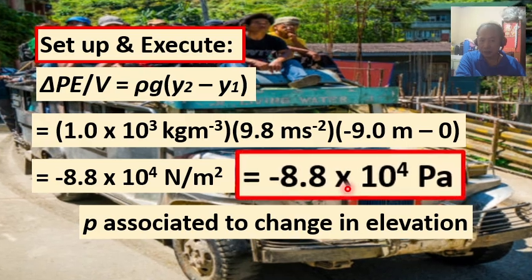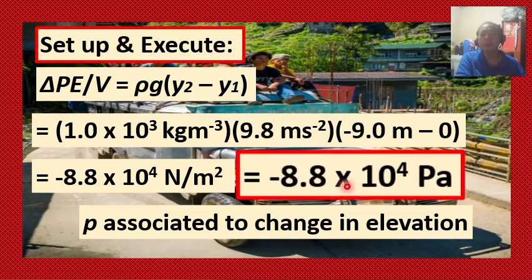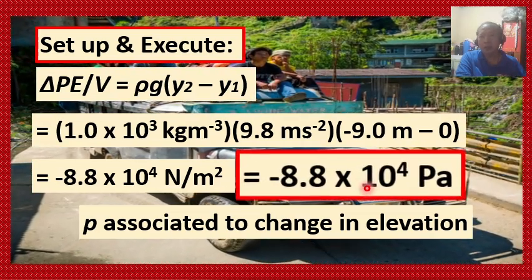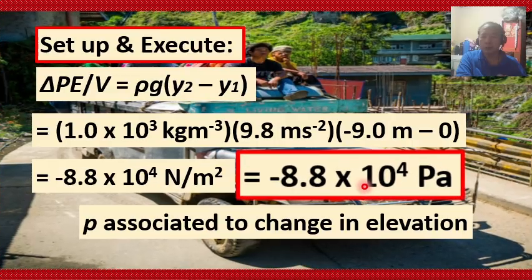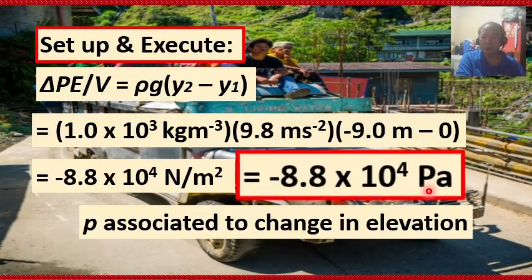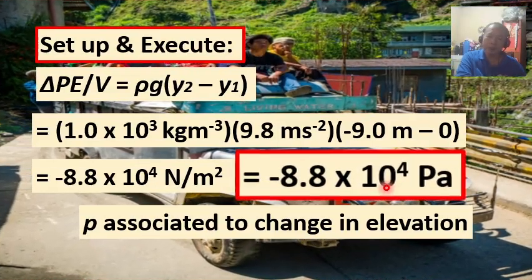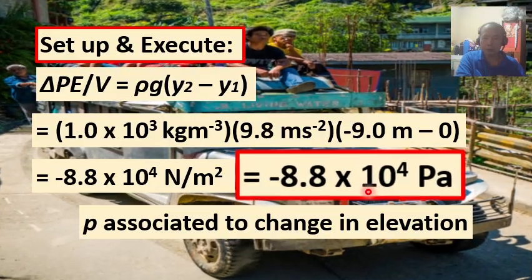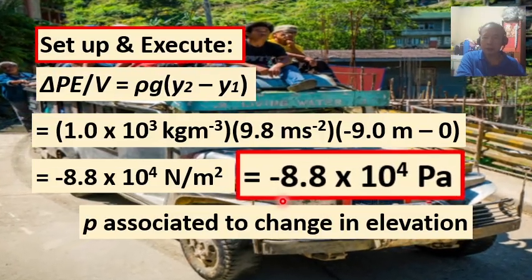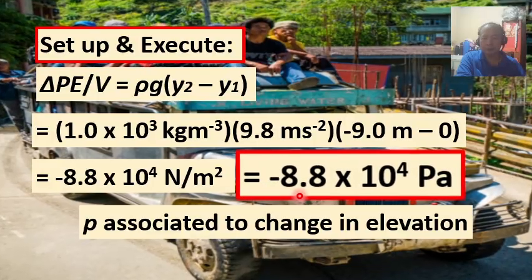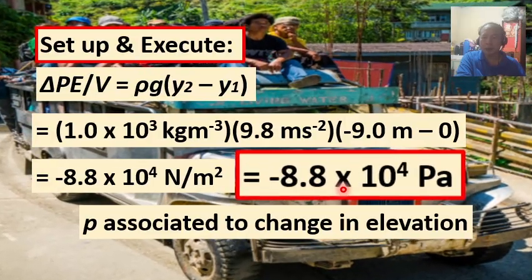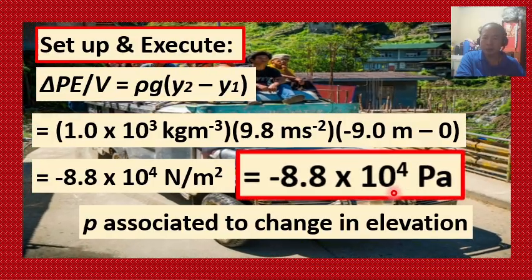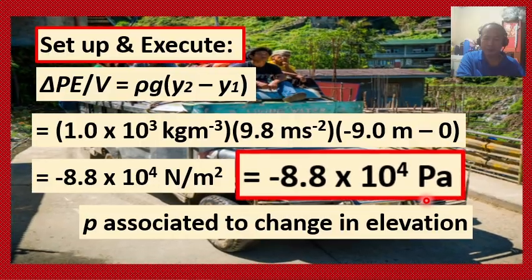And that pipe number 2, which is located on the ground floor, has a corresponding pressure that is negative 8.8 times 10 to the fourth power Pascal.